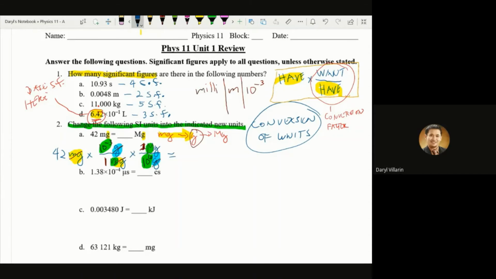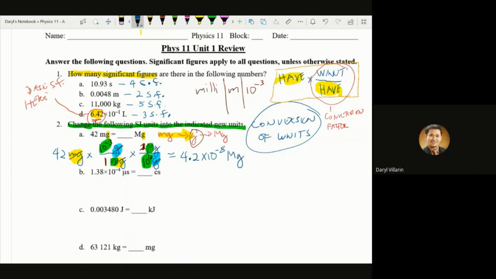Now, with the use of your calculator, just multiply everything on top and then divide it by the product of whatever is in your denominator. The answer should give you 4.2 times 10 to the power of negative 8 megagram. So the final unit is megagram.